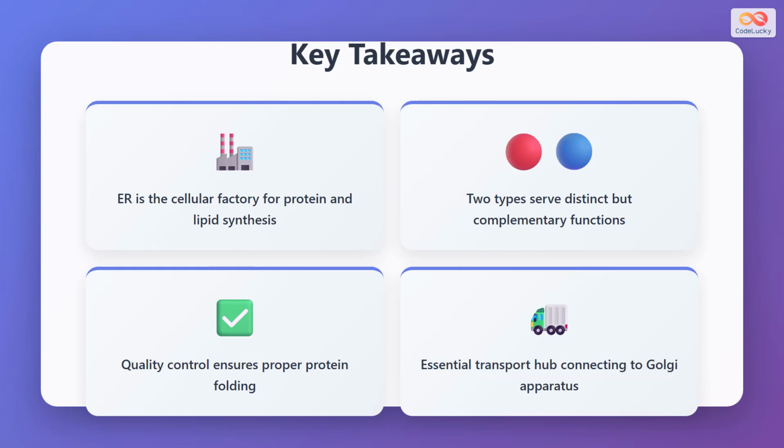Third, quality control ensures proper protein folding, preventing defective proteins from causing cellular problems. Fourth, the ER serves as an essential transport hub connecting to the Golgi apparatus, maintaining the flow of molecules throughout the cell. Understanding the endoplasmic reticulum gives you insight into how cells maintain their complex internal organization and chemistry.